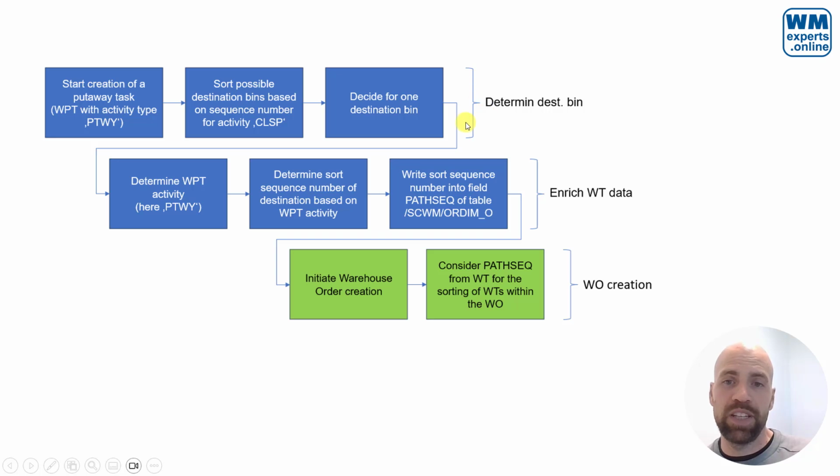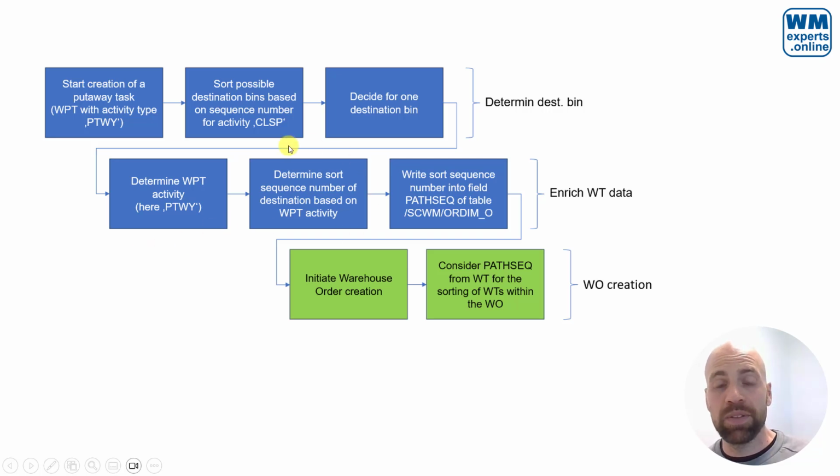And in the first step, we do indeed trigger the creation of a put-away task with the activity type PTWY, but the sorting of the possible destination bins is done based on CLSP. And once we have decided for one bin based on the sequence, so we take the bin with the smallest sequence number, then we determine the activity from the warehouse process type, which is PTWY here.